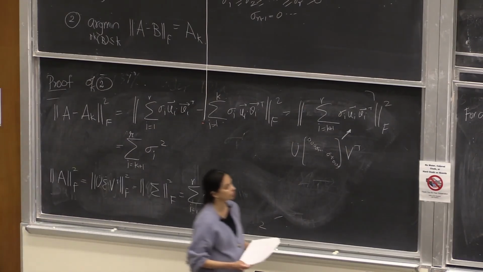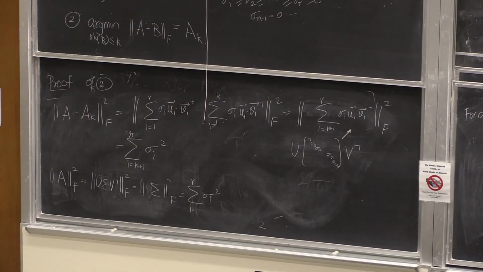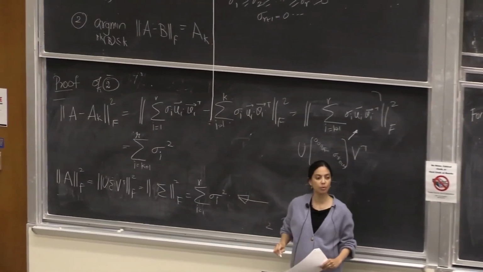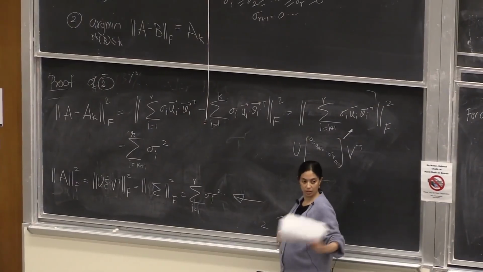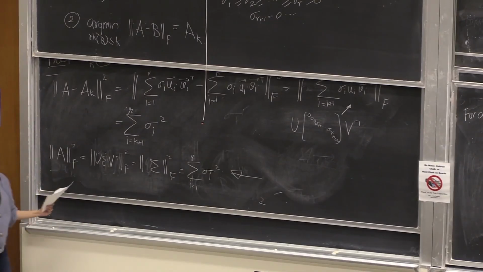So now I know the fact. Okay? Let's look at what we just said here. The Frobenius norm of any matrix, this might help your question too. The Frobenius norm of any matrix, what we just proved, is equal to the sum of the squares of its singular values, right?